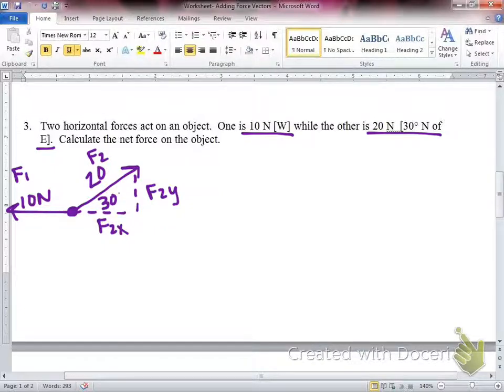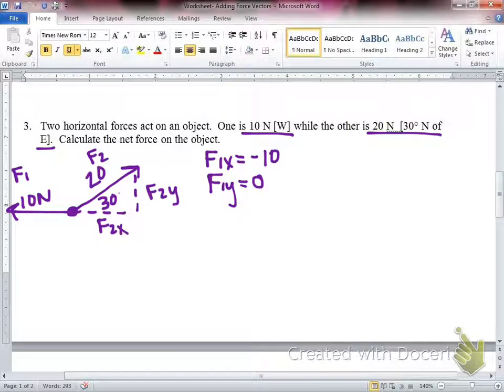So let's do x direction first. If we're looking at F sub 1x, what's F sub 1x equal to? Negative 10, because it's going west. What about F sub 1y? Do we have any y component to our first force?